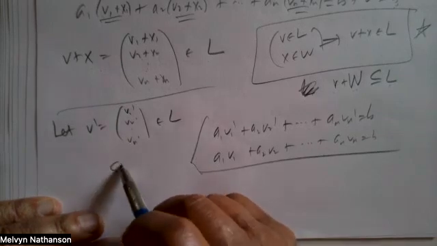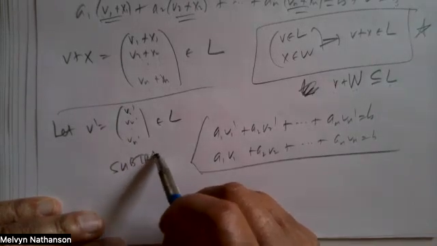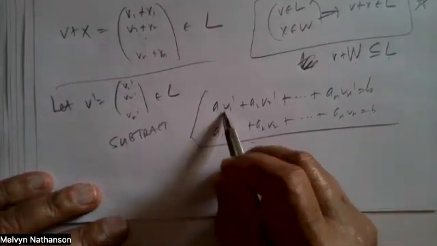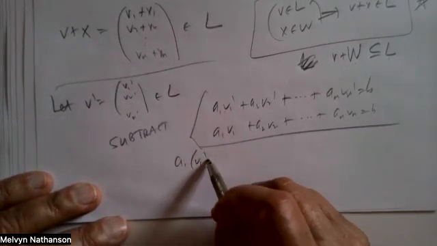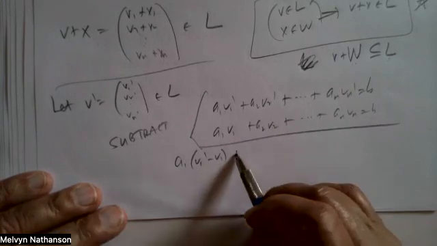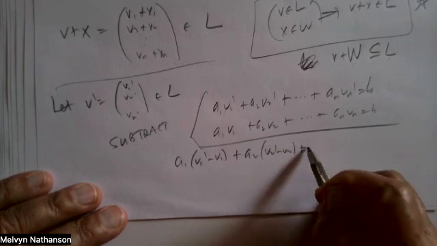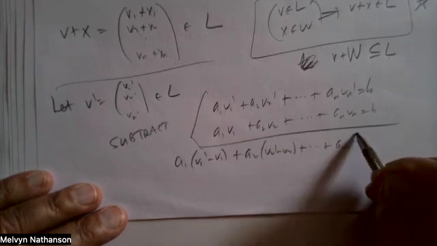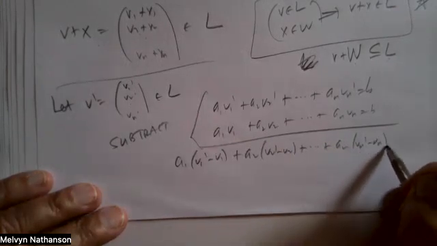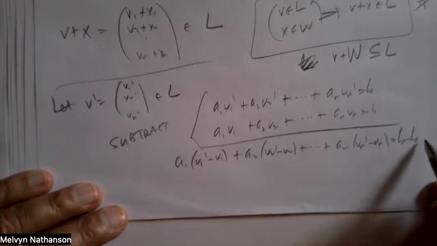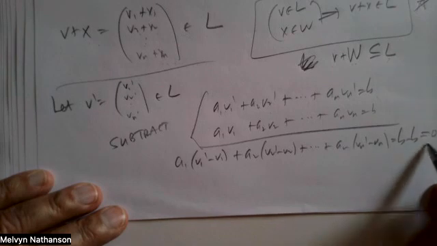Now I take these two equations and subtract one from the other. I get A1(v1 prime minus v1) plus A2(v2 prime minus v2) and so forth, up to An(vn prime minus vn). I'm subtracting, so I get b minus b, which is equal to 0.